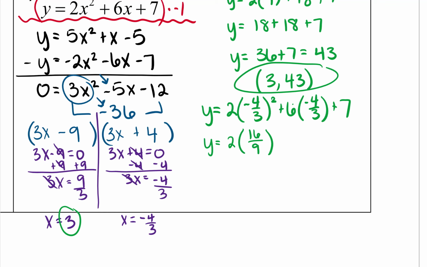This one is 6 times negative 4, which is negative 24, divided by 3 is negative 8, plus 7. Okay, so here 2 times 16 is 32.